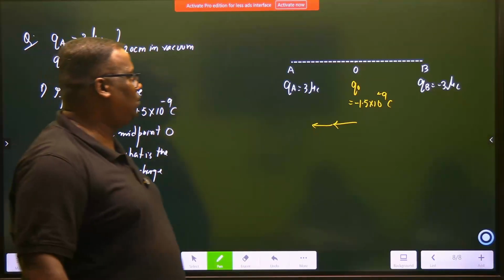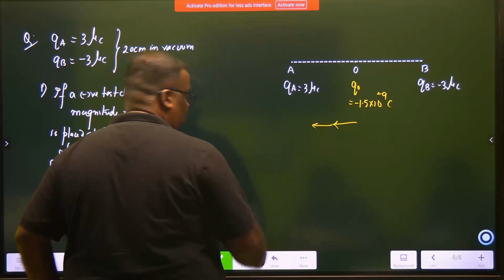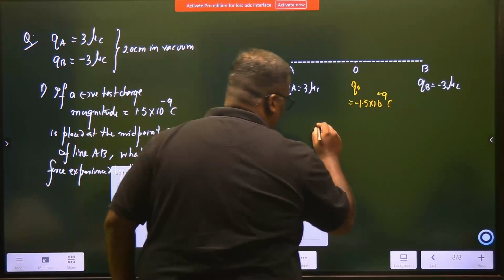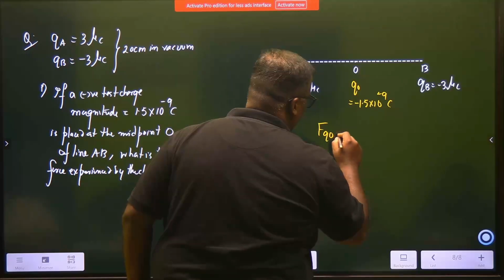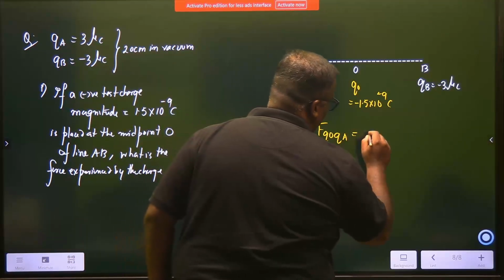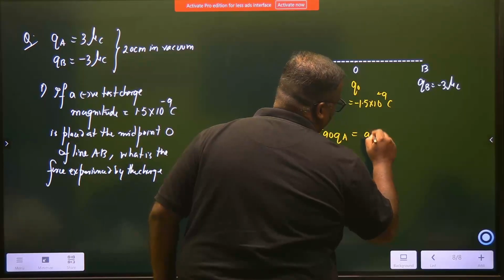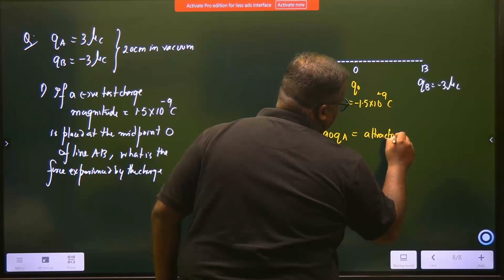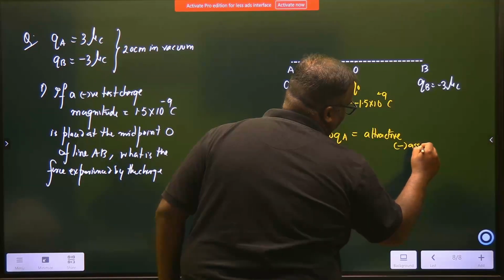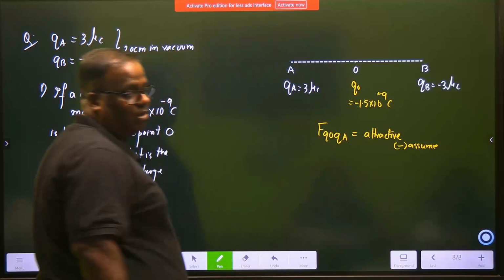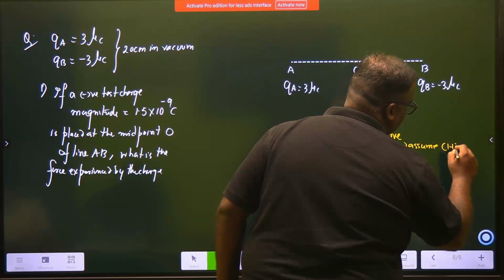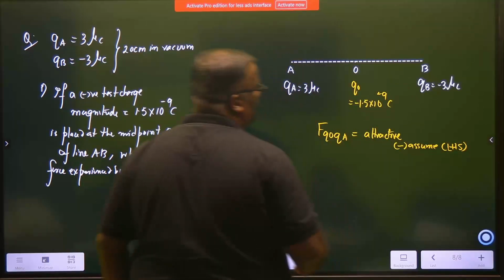If you want to do it in the proper manner, you will first calculate the force on Q0 due to QA. This force will be attractive, and since the force is going to the negative side, let's assume it to be negative. Attractive means negative, because it is moving on the left hand side. Agreed?